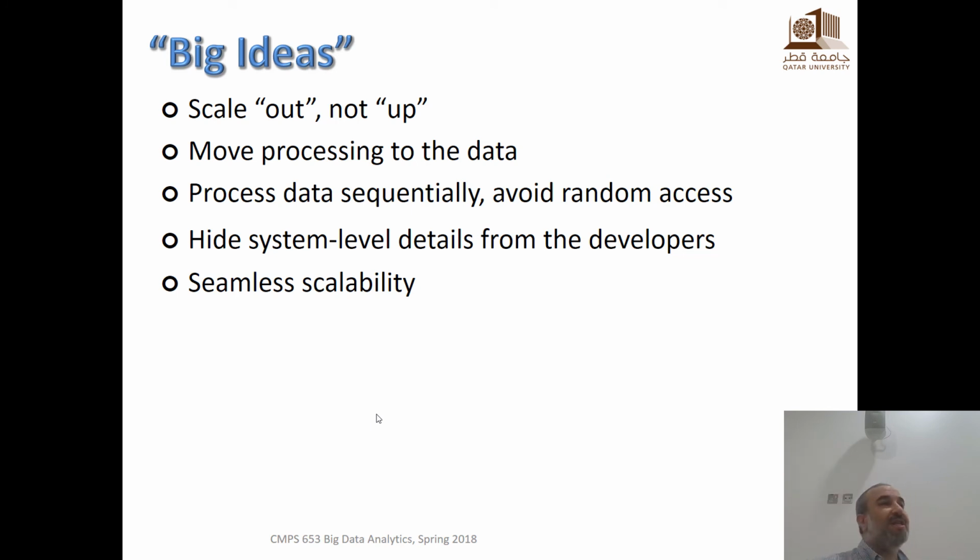Adding machines is also seamless. If you start with a cluster of 10 machines and add more machines, your code will not break. If you lose some of the machines, it won't be affected either. Of course, the processing time will change, but you don't need to change your program.